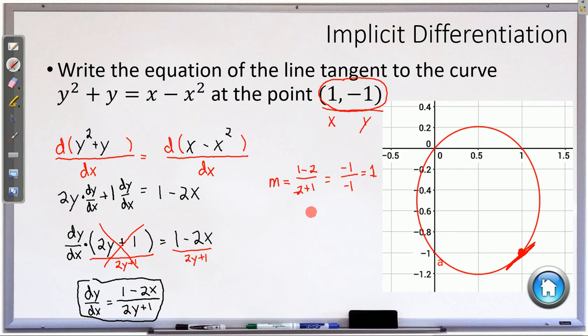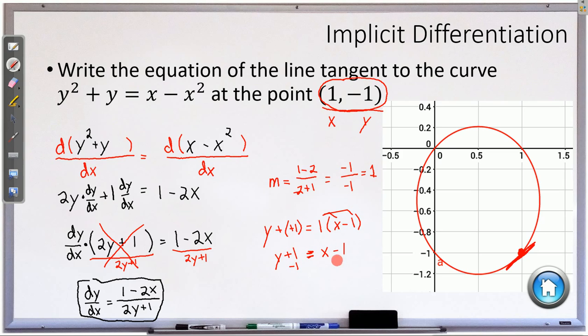I would recommend point slope form, so y minus y, which is negative 1, is equal to m times x minus, in this case, 1. And then if you want to simplify that, you can. That becomes positive. Distribute here, you get x minus 1 is equal to y plus 1.